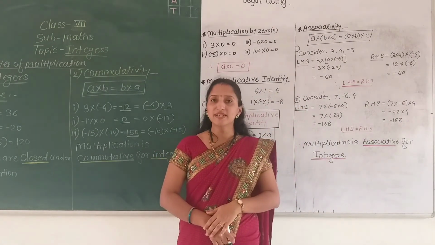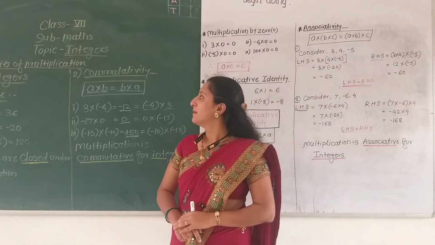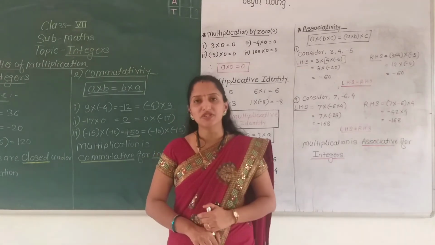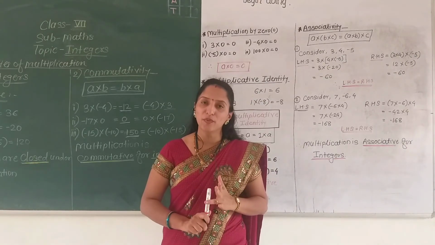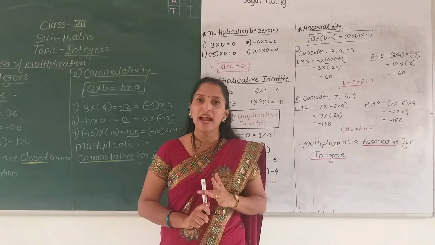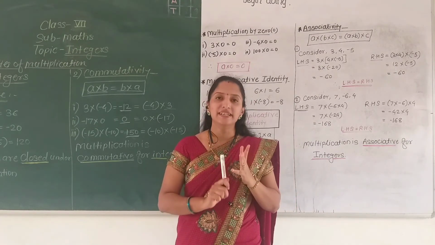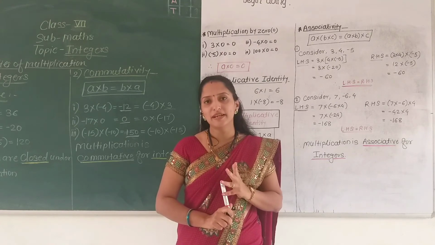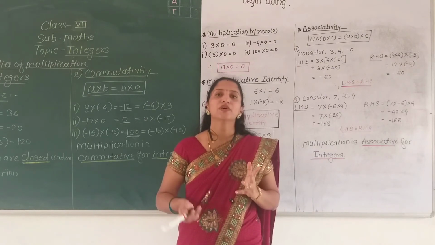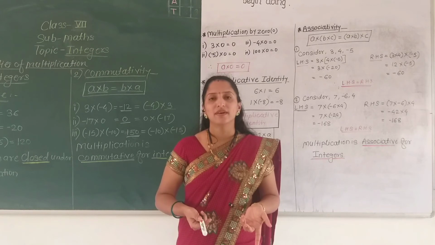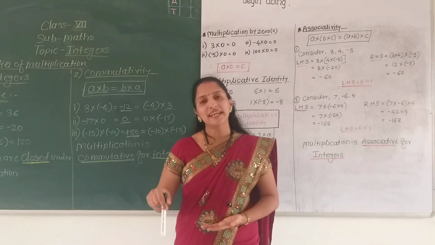My dear students, in today's session we have learned the properties of multiplication of integers: closure property, commutative property and associative property. Closure property says that integers are closed under multiplication. That means when we multiply two integer numbers, we get an integer.